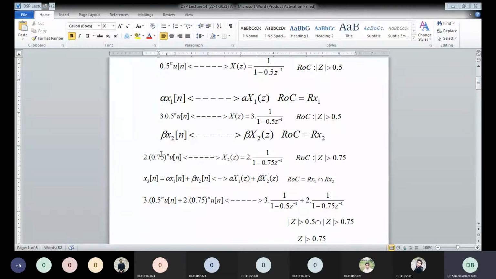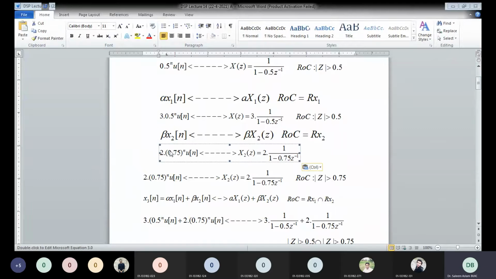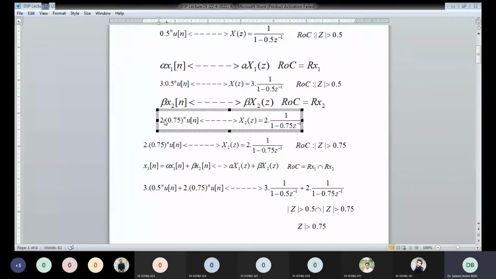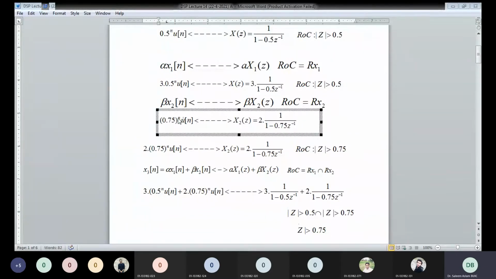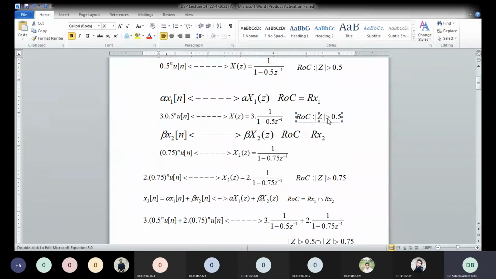For example, if we take the Z transform of 0.75 raised to the power n u of n, it would be 1 over 1 minus 0.75 z inverse, and their Z transform expression would be like this.